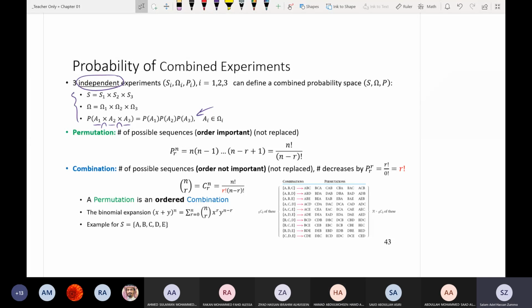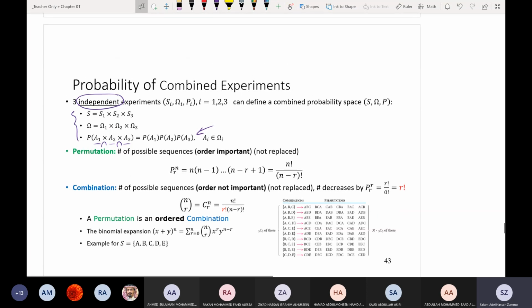Now this takes us to the counting principles, mainly the permutation and combination, because in many cases when we come to combined experiments, you need to count how many times an event happens. And because of that, we need to understand the concept of permutation or combination.